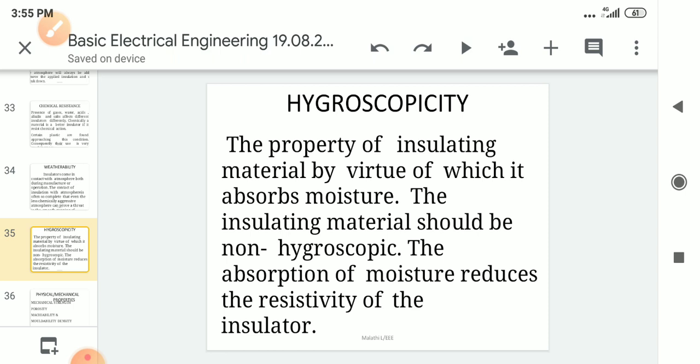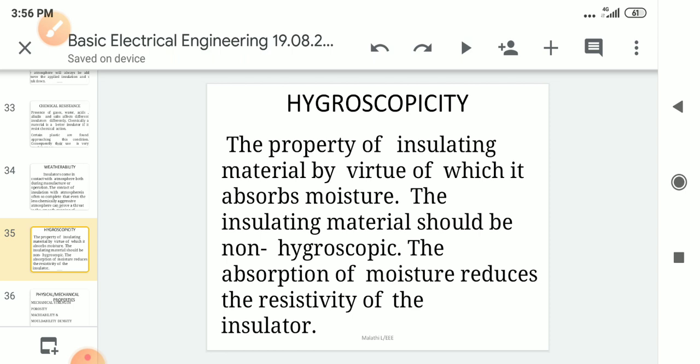If the resistance is decreased, then it allows current to flow in that insulating material. This means the insulation material strength is down. Due to that, the dielectric losses are more. That's why we have to maintain its resistance constant.